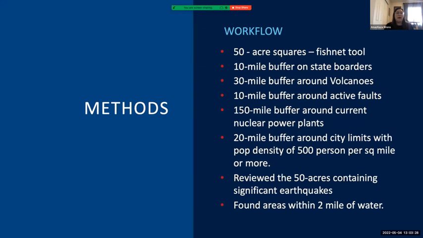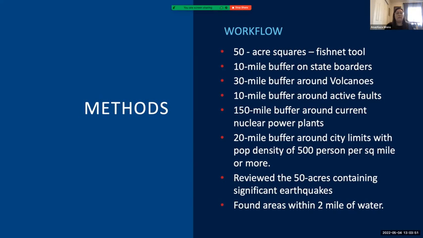So the workflow. Everything was done using ArcGIS Pro. Over the study area, a fishnet was created with squares that were 50 acres in area. Within the study area, there was a 10-mile buffer between all the state borders due to regulations that states have. They might be different from each other in case a nuclear disaster were to occur.